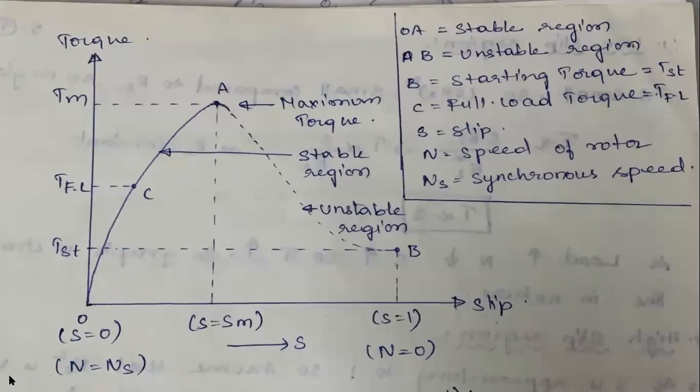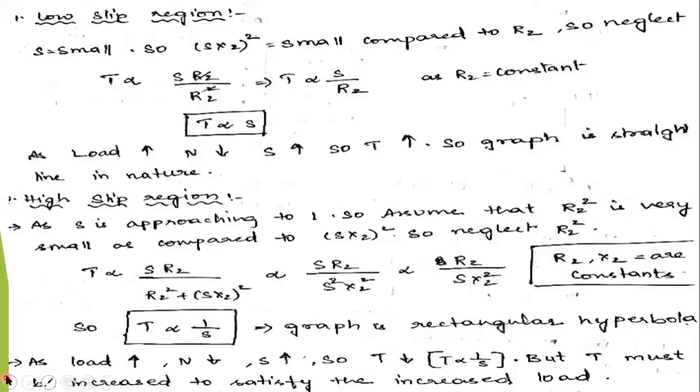In the high slip region, again consider the equation T is directly proportional to SR2 by R2 square plus SX2 square. As the slip approaches 1, from 0 to 1, the S term will be increasing, and this S term will predominate over the R2 square term.